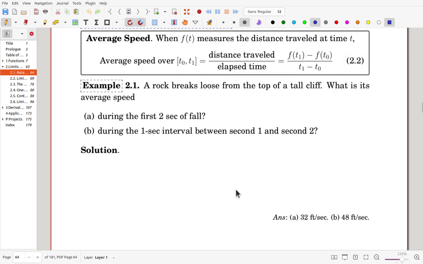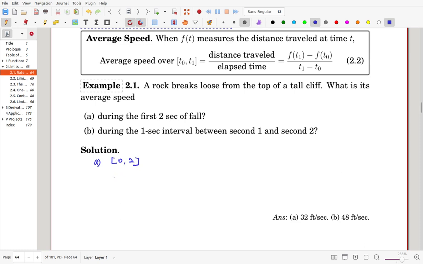Okay, let's try to solve this example. A rock breaks loose from the top of a tall cliff, and we have to measure the average speed during the first 2 seconds of the fall. For part A, the problem is asking us to find the average speed during the first 2 seconds, so t is moving from 0 to 2.